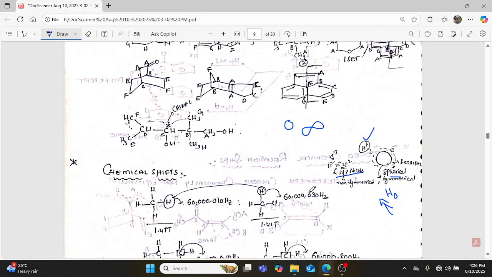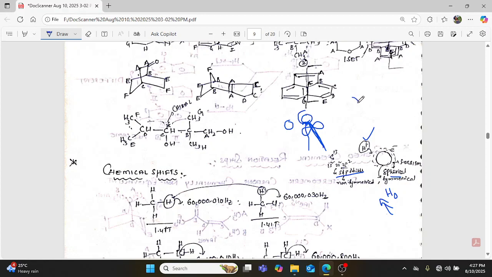Because of the unsymmetrical distribution, the external field may approach in this way, or in this way. It means that at one point of time, the external field can completely influence the nucleus, or not. 100% influence of the external magnetic field on the nucleus.